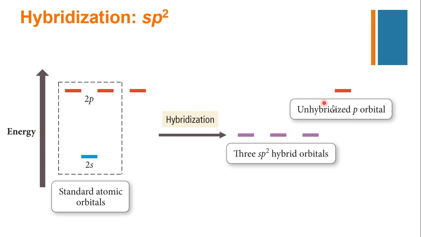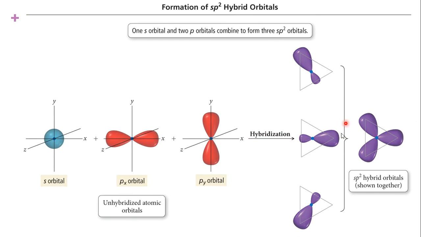That unhybridized p orbital is still there. So if I could draw that into this picture here, that unhybridized p orbital would be perpendicular to this. So this is flat on the paper. That unhybridized p orbital would be going down into the paper and coming straight out at you, like pointing at you. So that unhybridized p orbital is still there, and it's perpendicular to these other orbitals.